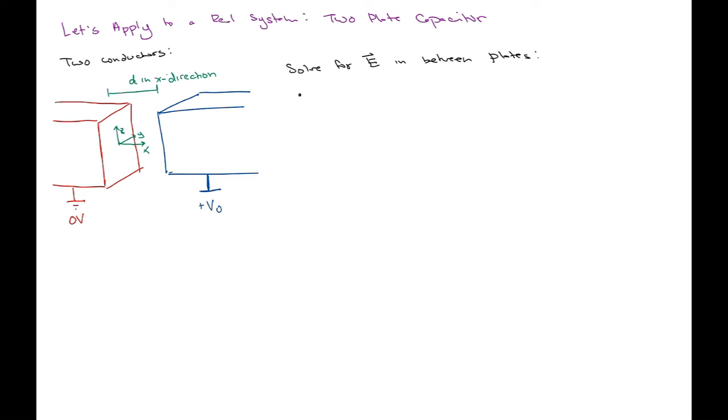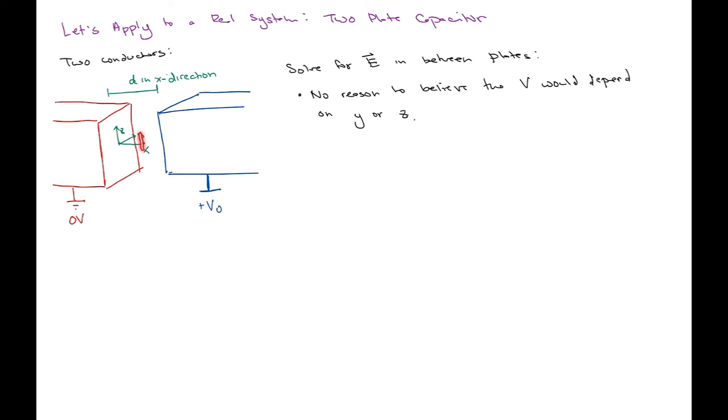There's no reason, if I'm right in between the plates, that the potential V would depend on Y or Z. So if I'm right in between the plates, I'm going to assume that the potential is only changing in between the plates.